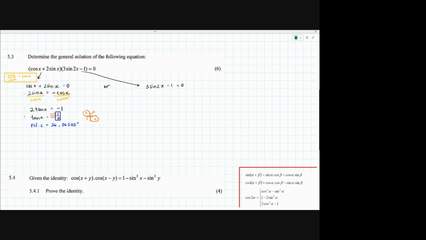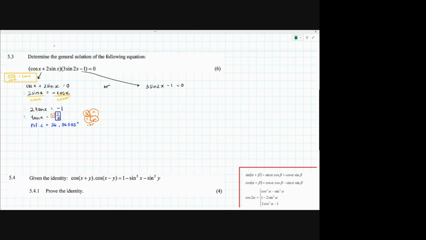Because of the symmetry of where tan is positive and where it's negative, if you work out the quadrant 2 solution and you add 180 degrees, you get the quadrant 4 solution. If you add another 180, you go back to the quadrant 2 solution, 360 degrees later. So there is no need to work out both solutions because of the symmetry of where tan is positive and negative. We just work with the plus k times 180.